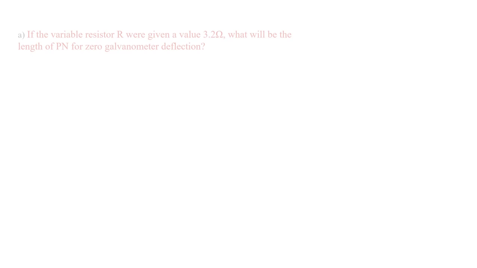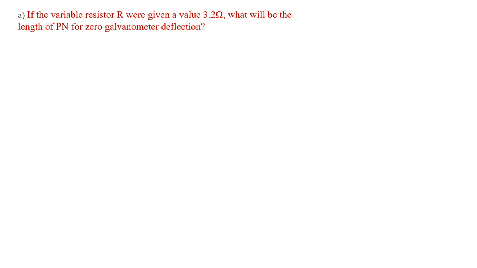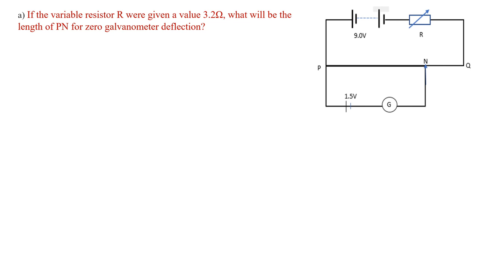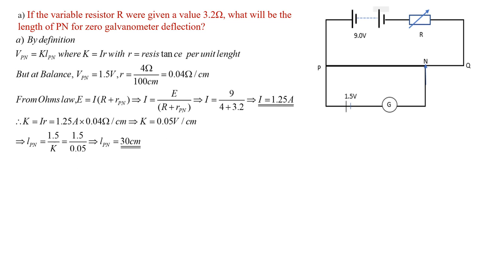Let's get the solution. Let's start with A: if the variable resistor R were given a value of 3.2 ohms, what would be the length PN for a zero galvanometer deflection? That is the setup of our potentiometer. By definition, Vpn is equal to K times Lpn, where K is what we call the potential gradient, and K is simply given by I times r, where small r is the resistance per unit length of our wire.